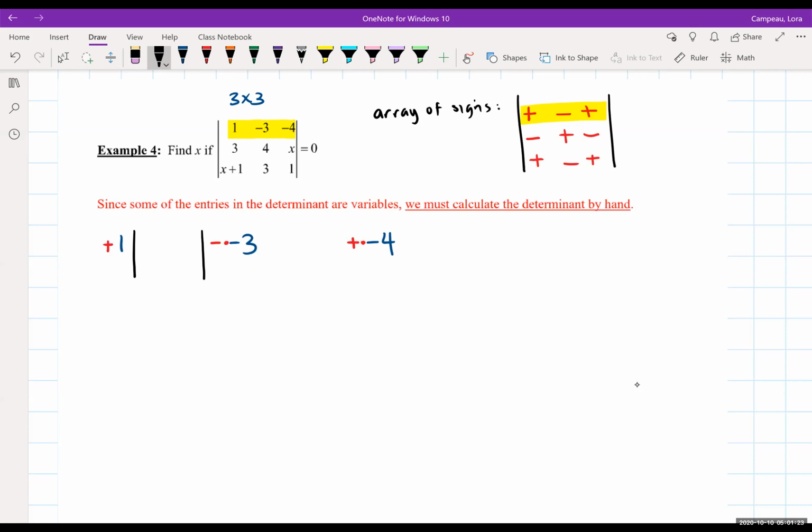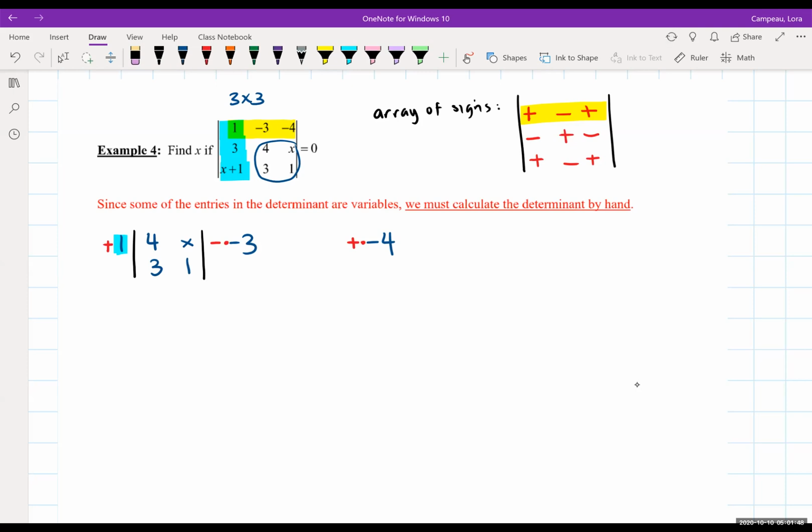So the row is already covered up. If I am looking at where the 1 is located, I am going to cover up the column it's located in. And if I do that, I have my leftover entries. So I'll write them in order: 4, x, 3, and 1.